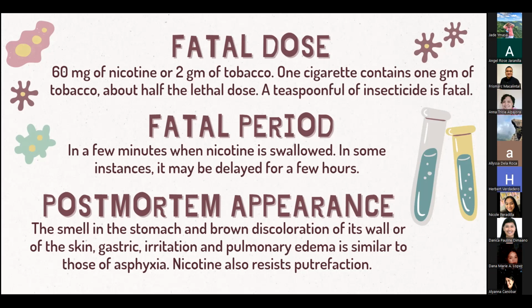So we should take note that nicotine is a drug of addiction, as we all know, and it leads to psychological dependence. So chronic use or addiction to nicotine can lead to disability as well as lower life expectancy.